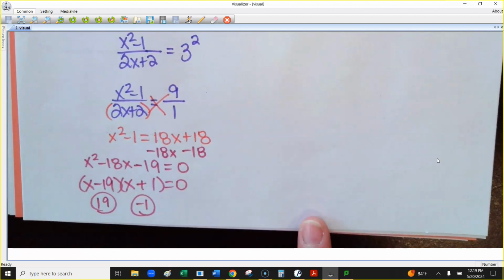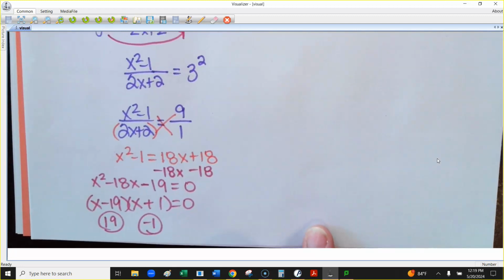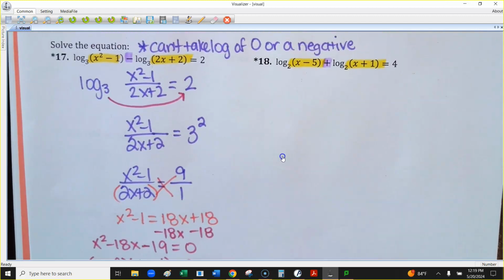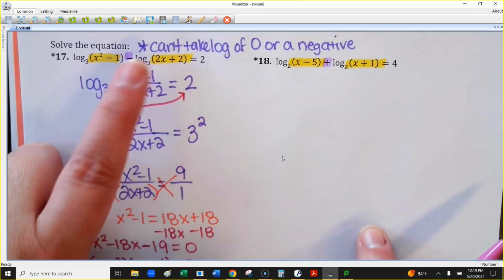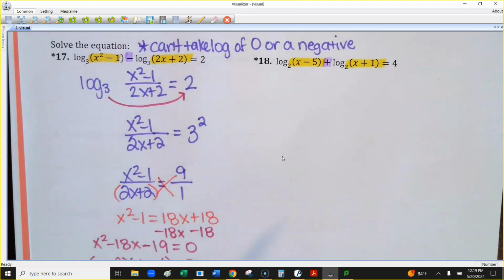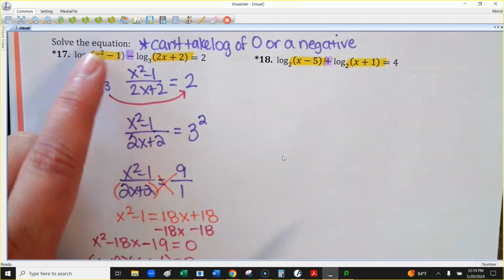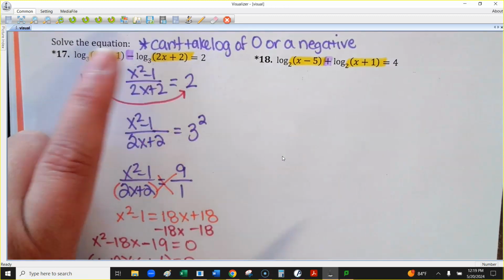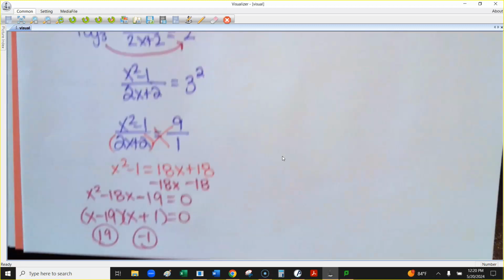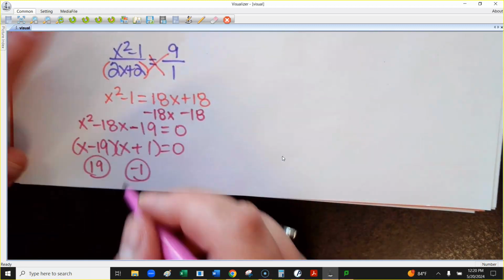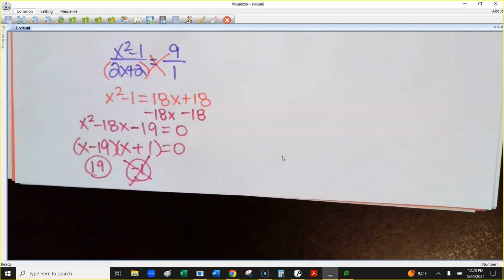So you just got to check really quick because one of these is not going to work. You cannot take the log of a negative number or 0. If I plug in 19 to either one of those, we're golden. But if you plug in negative 1, it actually makes both of those sets of parentheses equal to 0. You cannot take the log of a negative number or 0, so that -1 is actually an extra answer. So just the 19 works.